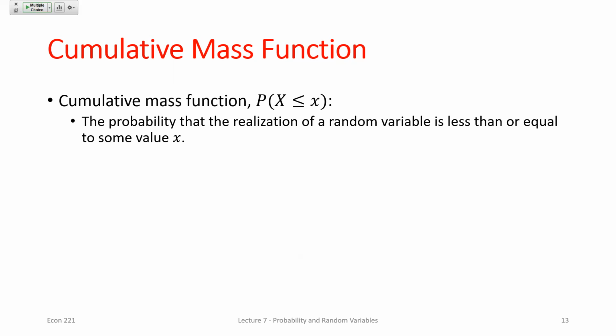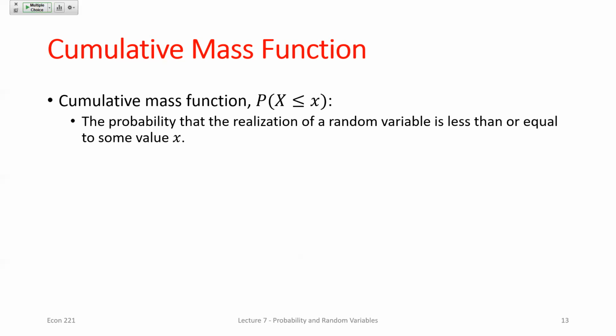So for this cumulative mass function, all you're really doing is taking the probability that x is equal to 2, whatever value you're interested in, and then adding up the probability x is equal to any value below it. In this example, 1 is the lowest possible response we receive for the number of people in a household. So the probability x is less than or equal to 2 is just the probability x is equal to 2, plus the probability x is equal to 1.